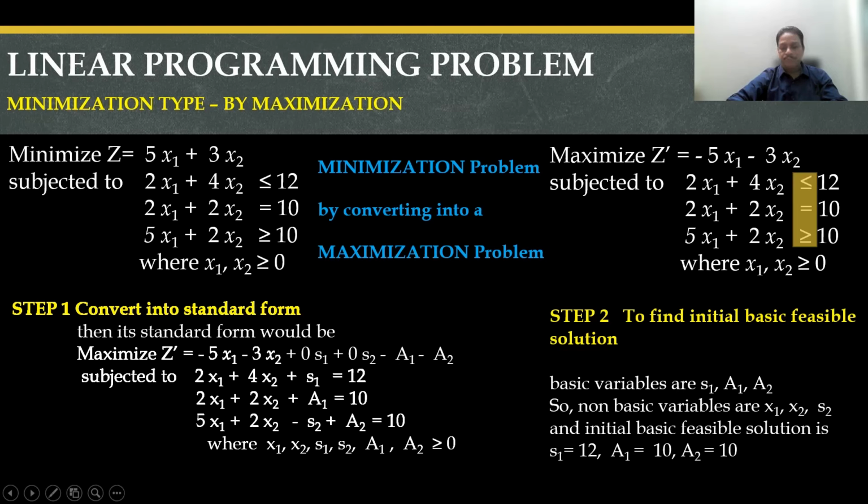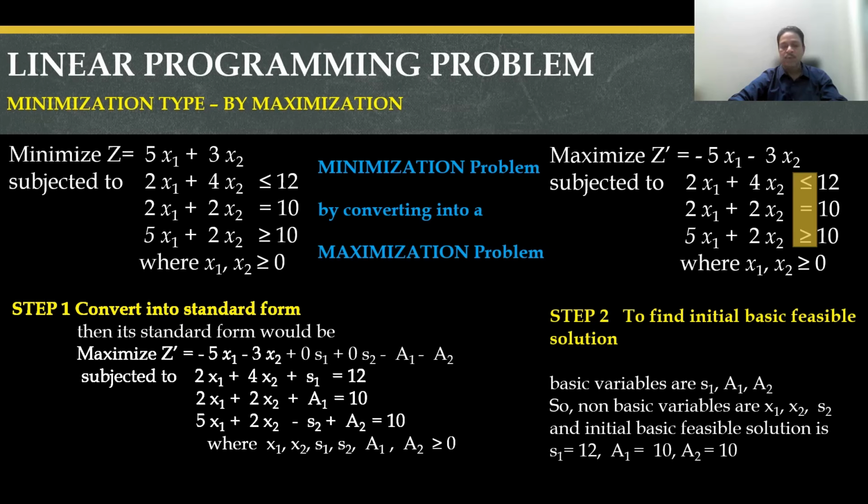So this x1, x2 and s2, for which the values are 0 in the initial basic feasible solution, are called as non-basic variables, because these variables will not be in the solution initially.